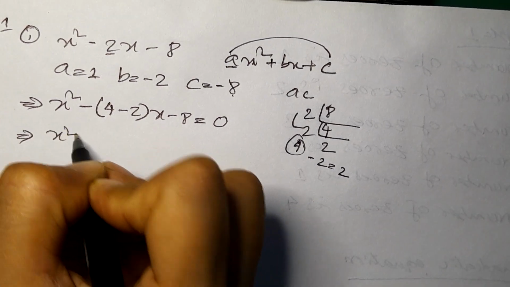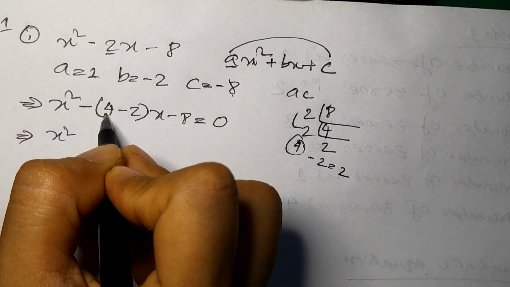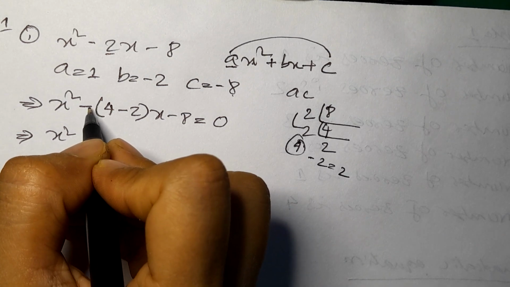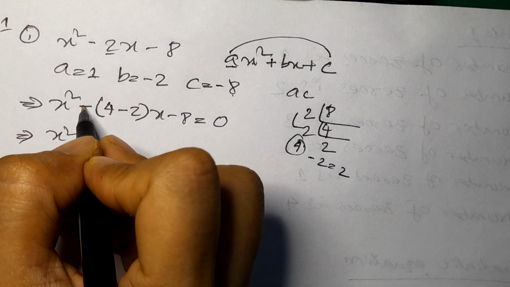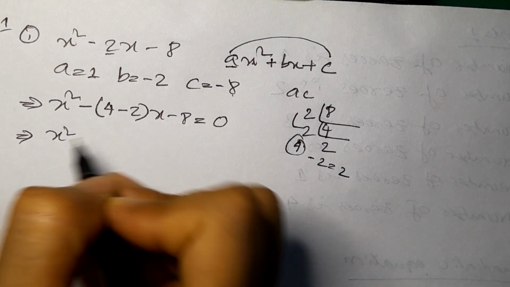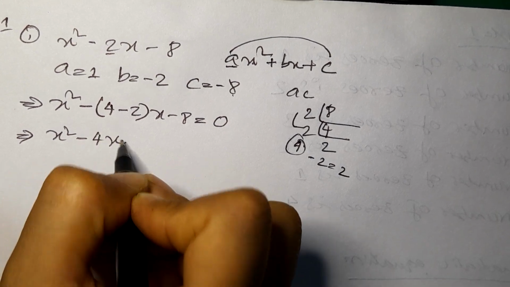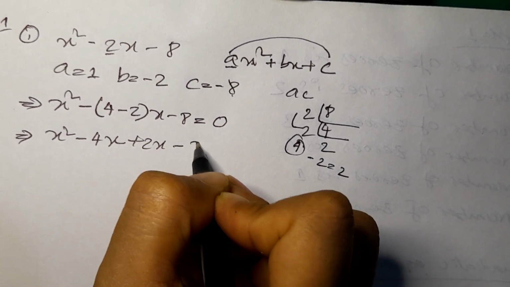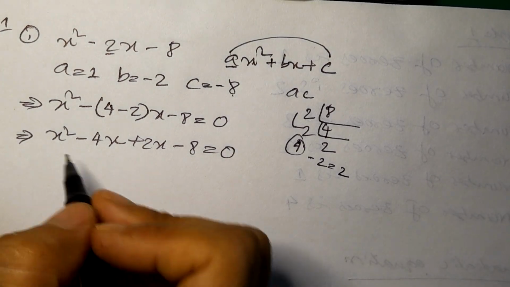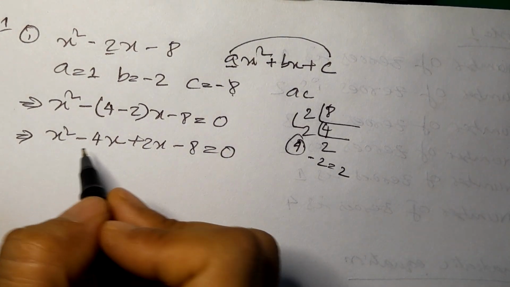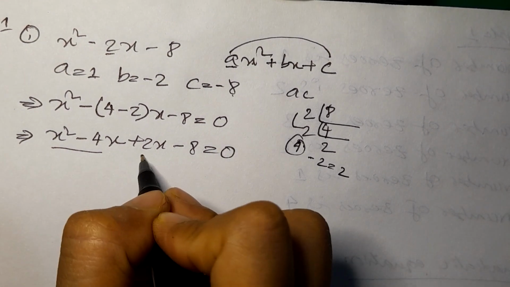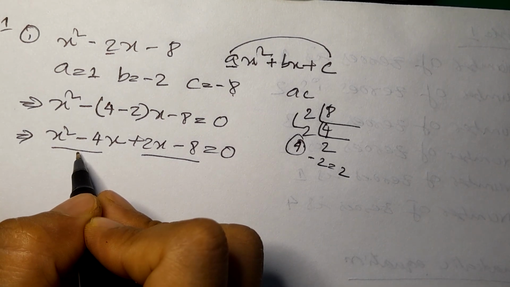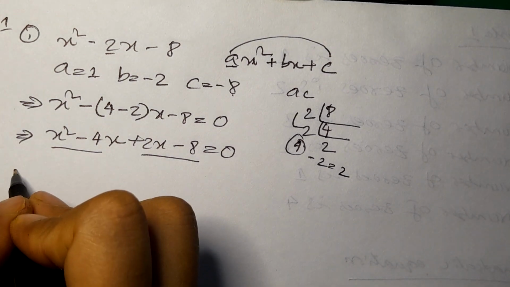Now x square, multiply this by this along with the sign. Plus into minus is minus 4, so minus 4x. Here minus into minus is plus 2x minus 8 equal to 0. Now make the groups. This is one group, this is another group. From here take the common, from here take the common.